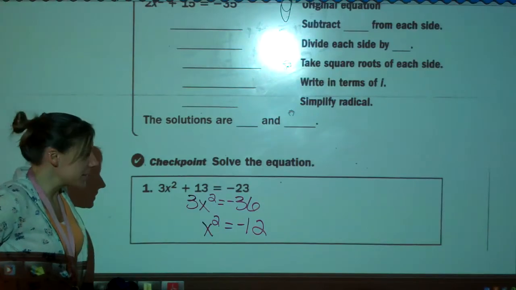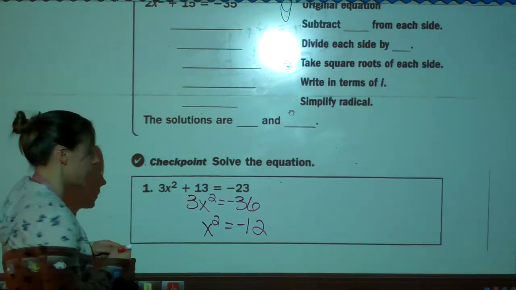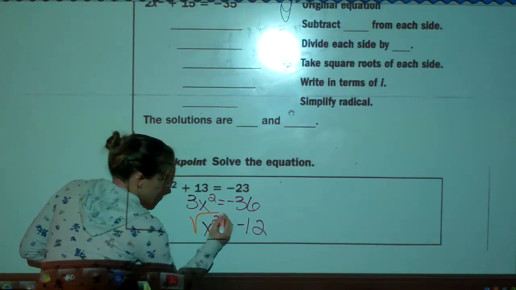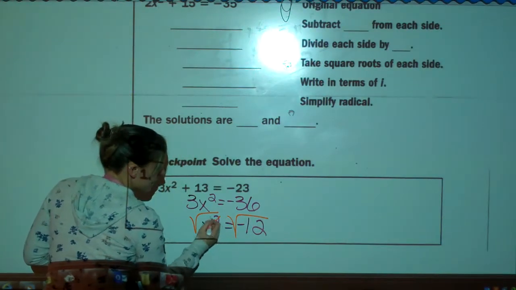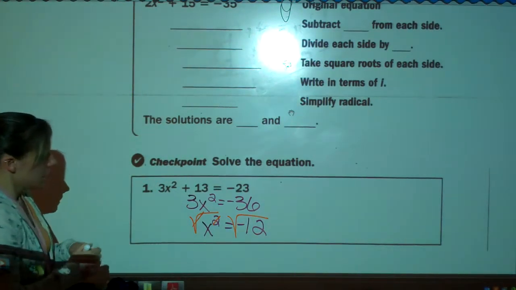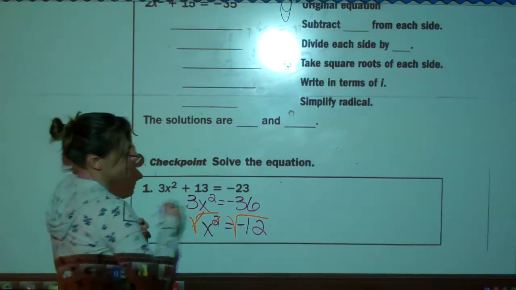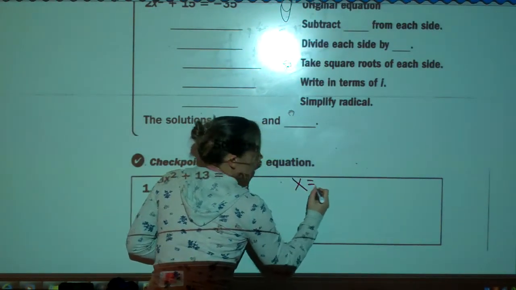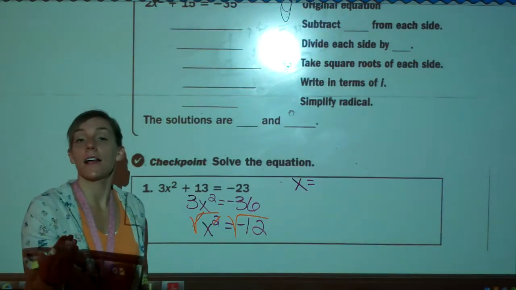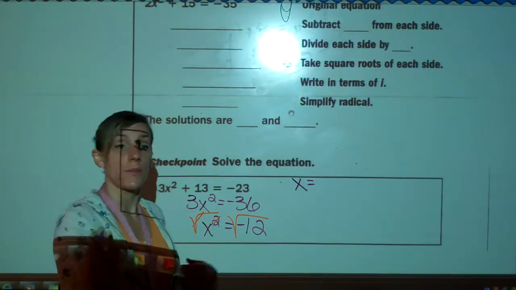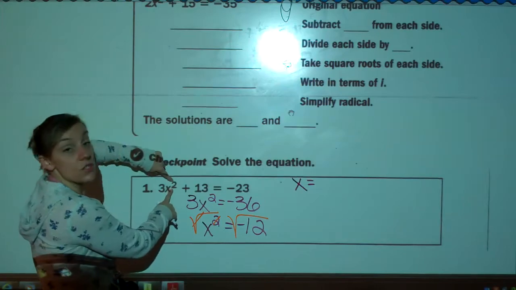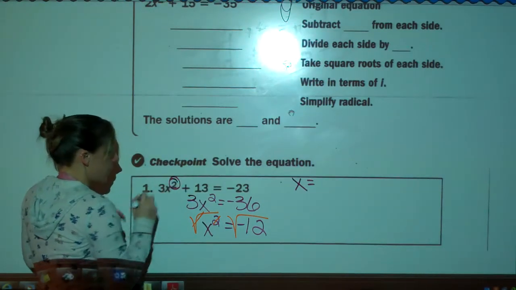Okay? Then the opposite of squaring is square rooting. So I'm going to square root both sides. So I have x by itself. Remember, whenever you square root both sides, you should get two versions, positive and negative. There's also two answers because it's squared, okay?